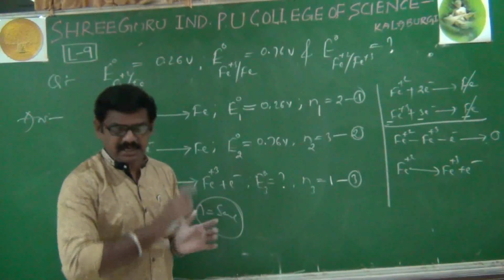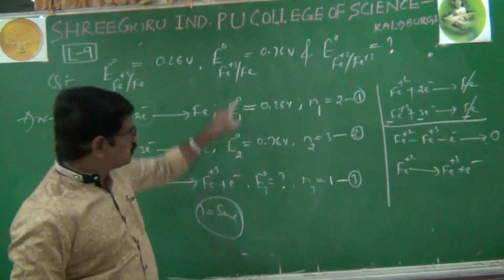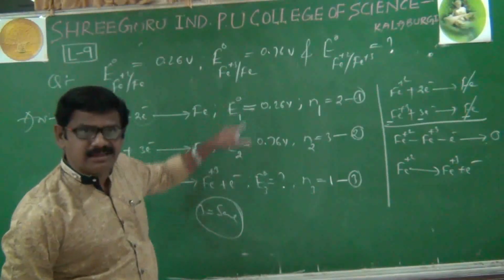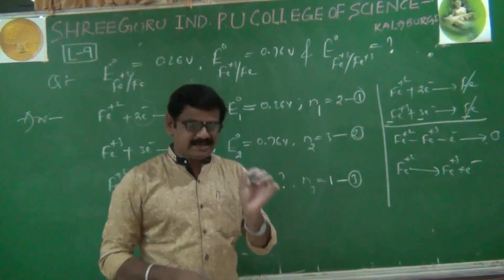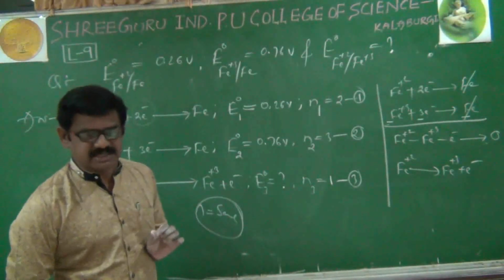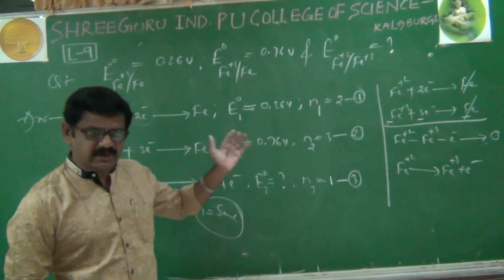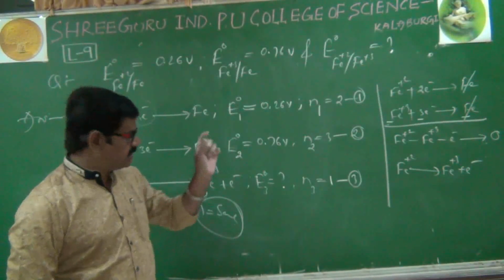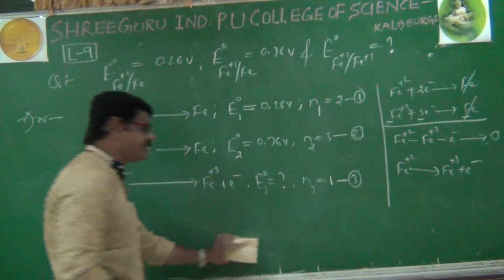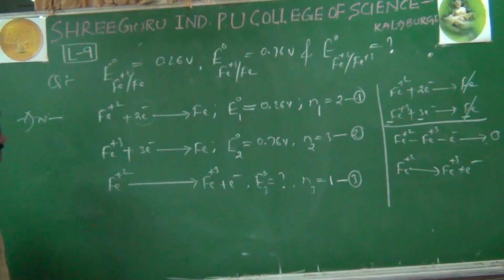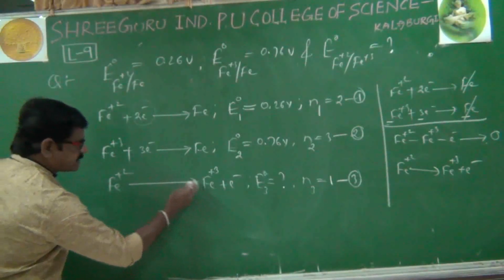Now what do we have to consider? We have to consider the total charge in all three cases. Total charge is nothing but n F. In the last video we discussed total charge, nF. For that purpose we will use the Gibbs free energy change equation again. Our target is equation 3.